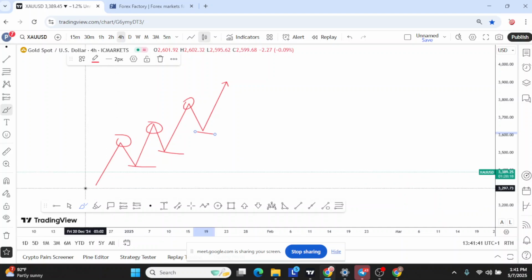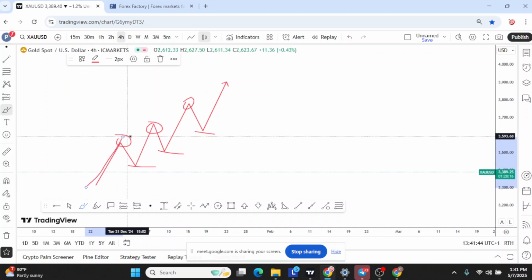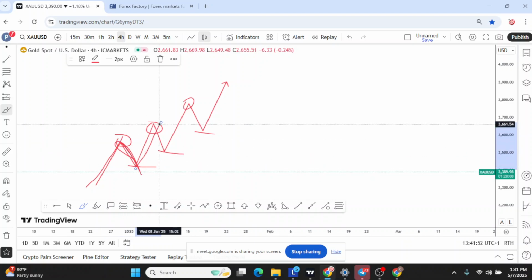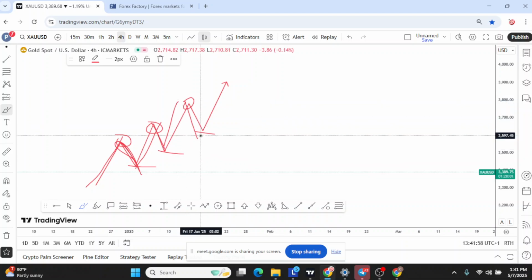And we said this move is called the impulse move. This is the retracement. You can call it correction, you can call it pullback. This is impulse, you can also call it the push phase: retracement, push, retracement, push.